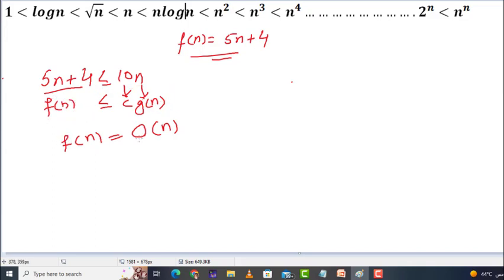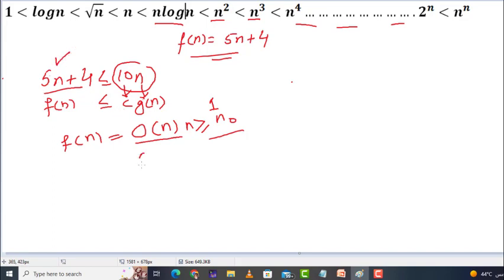So I can write big O of n, but the condition will be n greater than or equal to n naught. If I put n log n, n square, n cube, and so on, the condition will be true, and 10n square or 10n cube will always be an upper bound of this particular function.